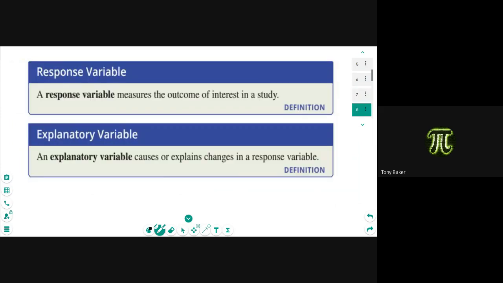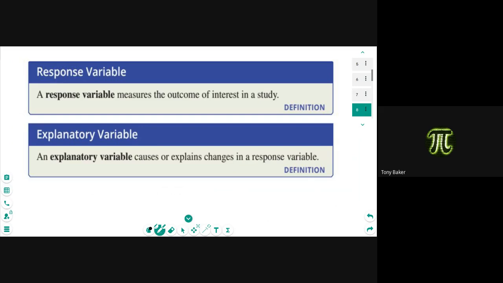All right. So whenever we're setting up an experiment, controlled or observational, there's two different variables that we're looking at. Our response variable and our explanatory variable. The response variable is our interest of the study. This is the measure of our information.